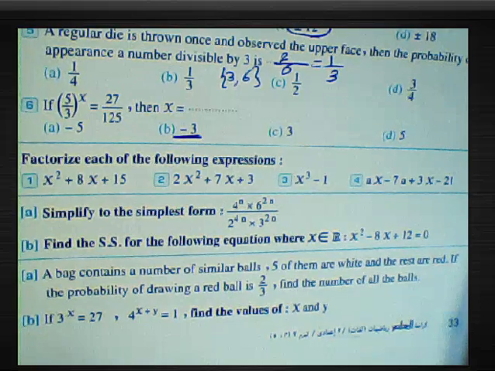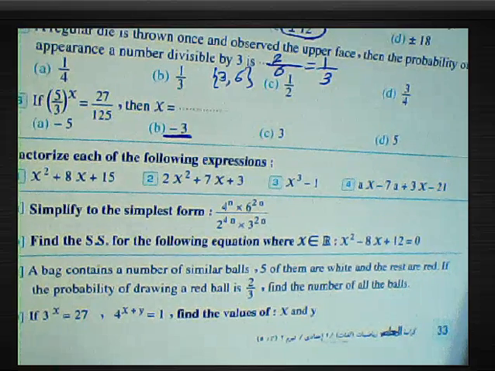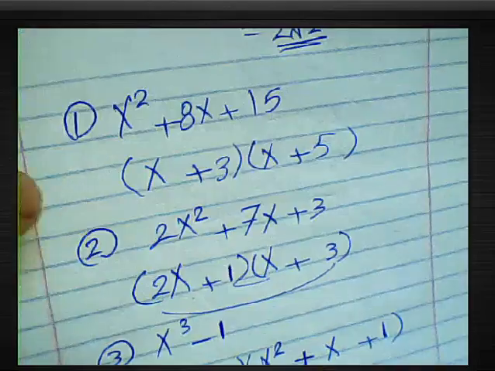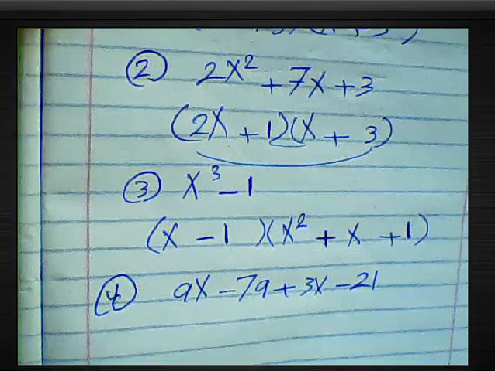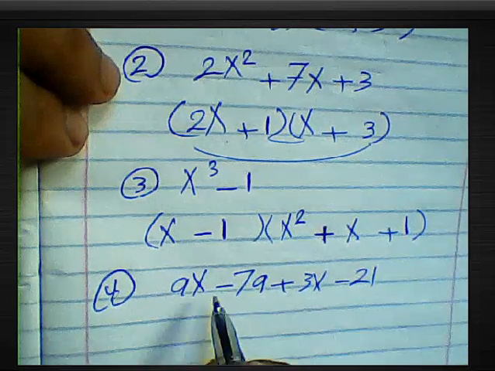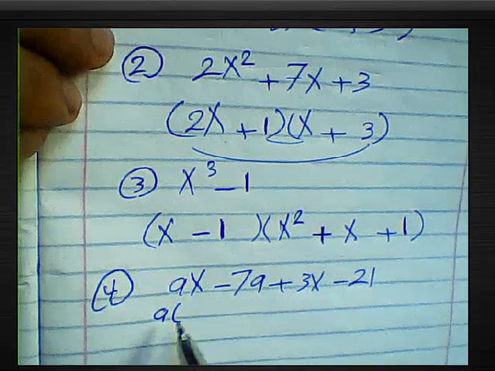Question number 4, ax subtract 7a plus 3x subtract 21. We can factorize this expression. Write a outside here, the common factor between two terms.